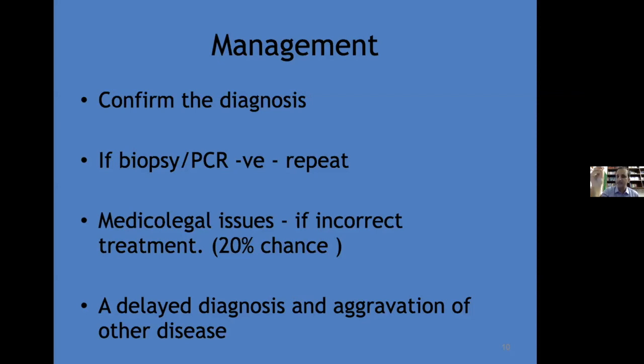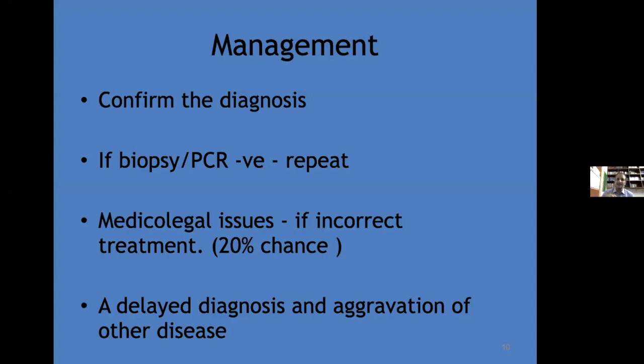And if it is positive, you start your regime, whether chemotherapeutic or surgical, totally depends on you, depending on the condition of the patient. However, if the biopsy and PCR are negative the first time, please convince the patient to get this test again, okay? Because you will be safer medico-legally.